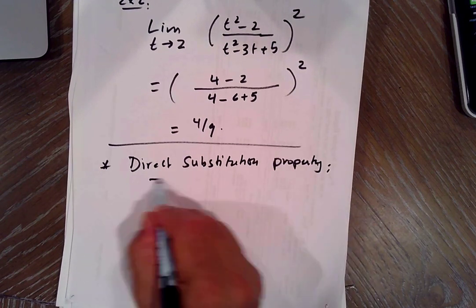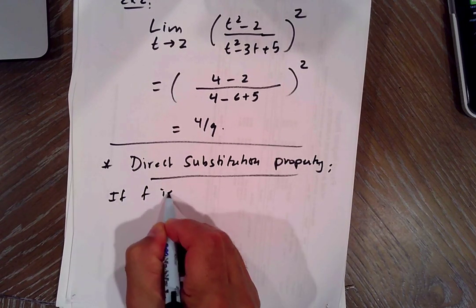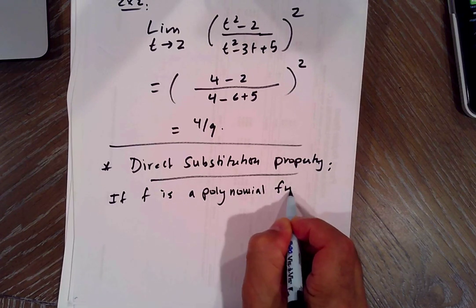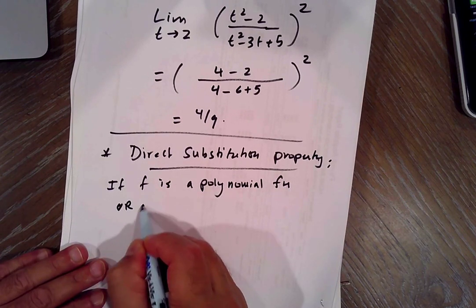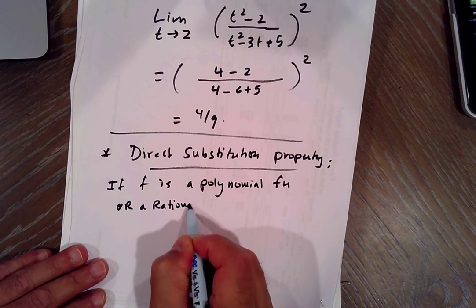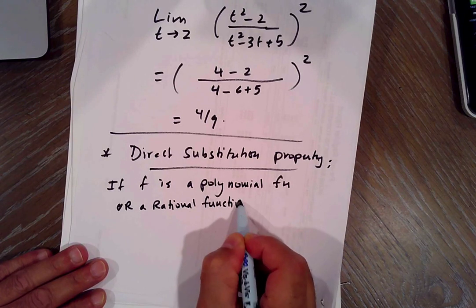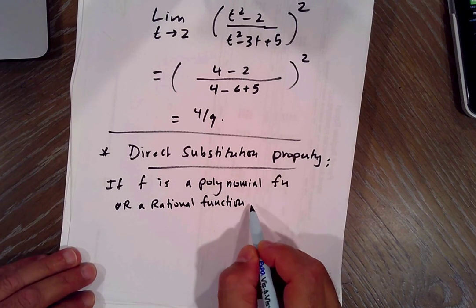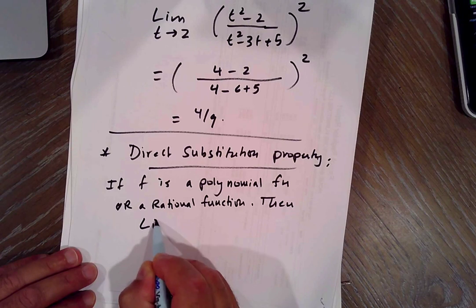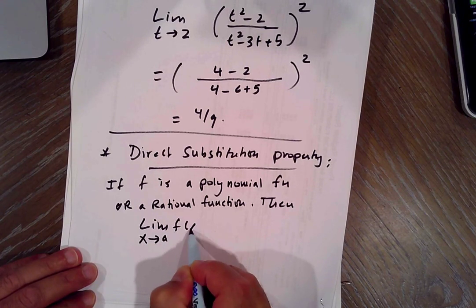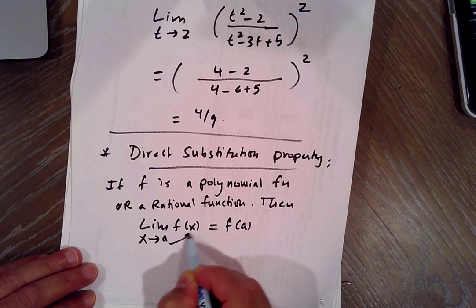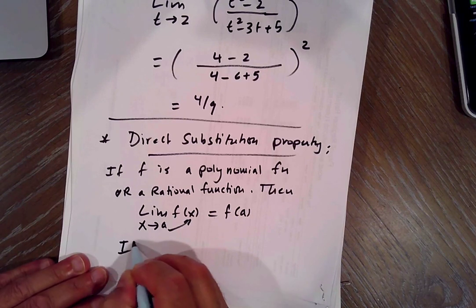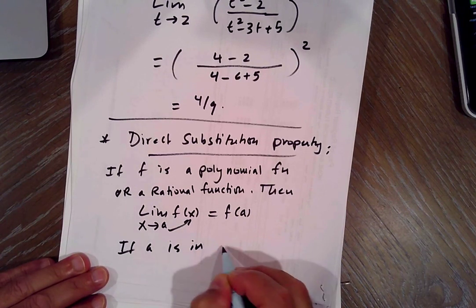So if f is a polynomial function or a rational function, and when we say rational function, it's a fraction of two polynomials, then the limit as x goes to a of f of x equals f of a. So you just plug it in, basically, direct substitution, if a is in the domain of f.